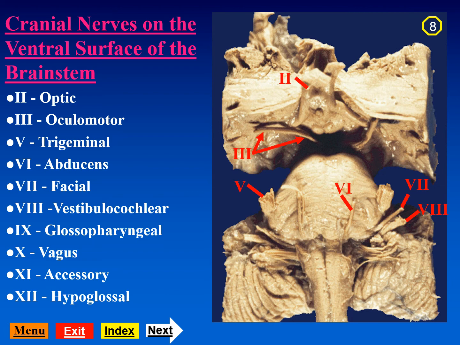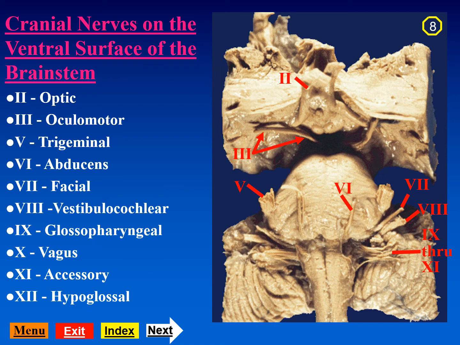Down in the medullary level, we have a cluster of nerves coming off, and they are collectively the glossopharyngeal, vagus, and accessory. There's probably not a true cranial accessory nerve. It's most likely part of the vagus nerve.